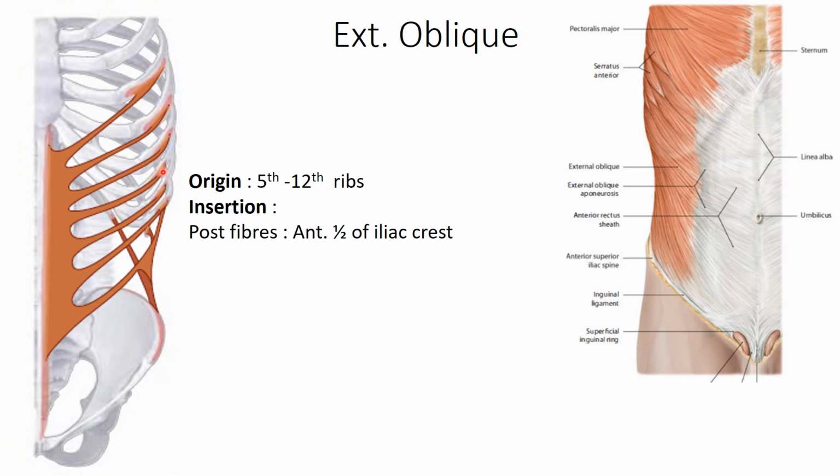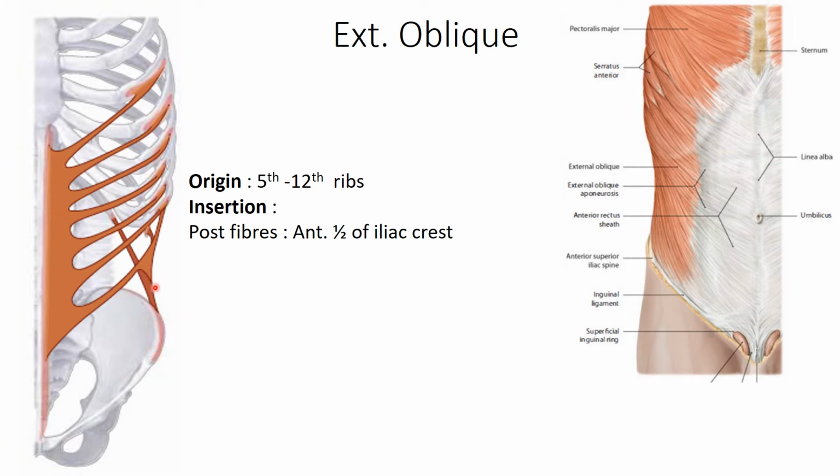Now its insertion is a very wide insertion. The posterior fibers arising from the lower ribs pass almost vertically towards the anterior half of the outer lip of the iliac crest.